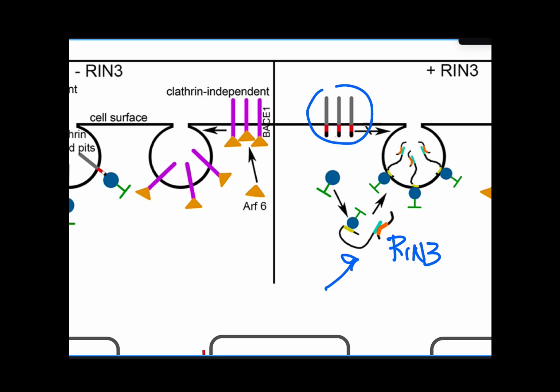Yeah. So we got a little ahead of ourselves, but like I just said, the model that the authors propose is that when RIN3 and V1 are expressed at high levels in cells, RIN3 and V1 will bind and induce this open conformation of V1 that will compete for clathrin molecules, keeping APP outside of the endosomes.